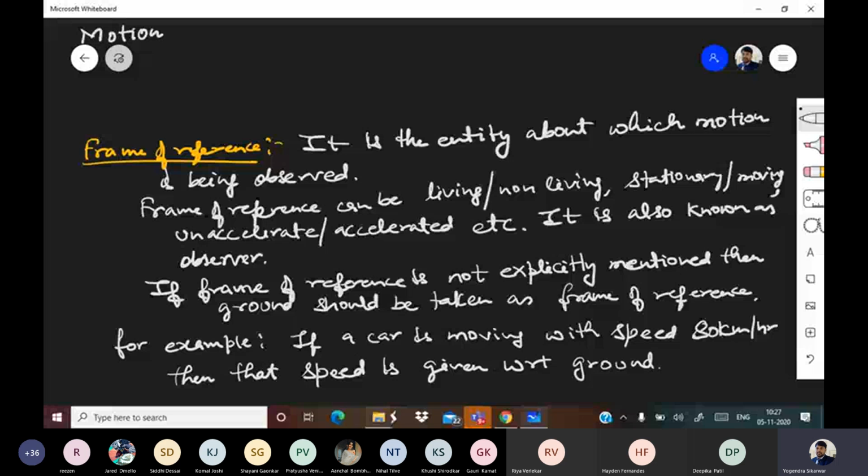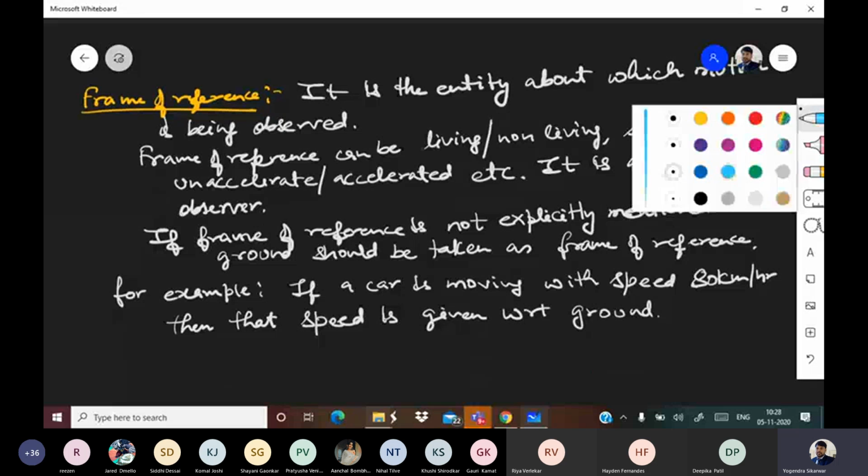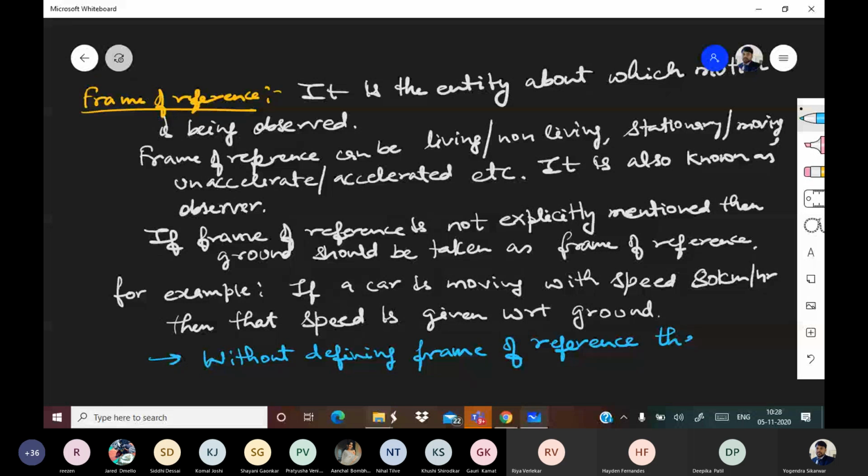Okay. Be very clear that without defining the frame of reference, this is very important, there is no meaning of rest or motion.